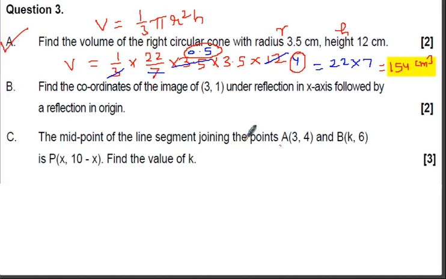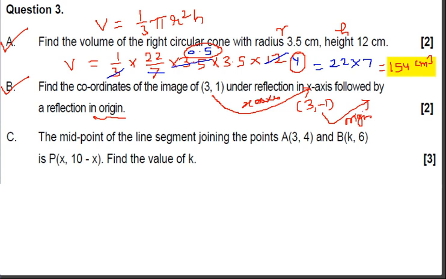Let us move next. Find the coordinates of the image when it is reflected in the x-axis. So when it is reflected in the x-axis, y will change, so it will become 3, minus 1. Now followed by reflection in the origin. So when you reflect in the origin, both change.